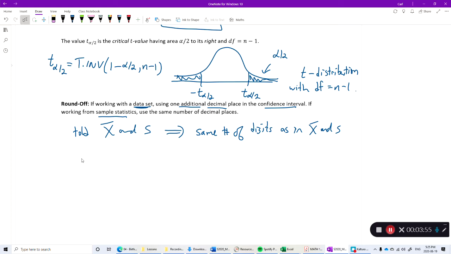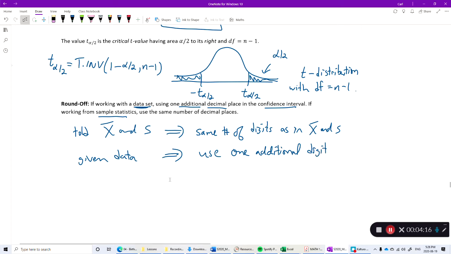But if we're given the raw data, then we use one more digit than what is in the data. Okay, and why is that? There's no deep reason. Again, it's mainly a convention that makes sense.